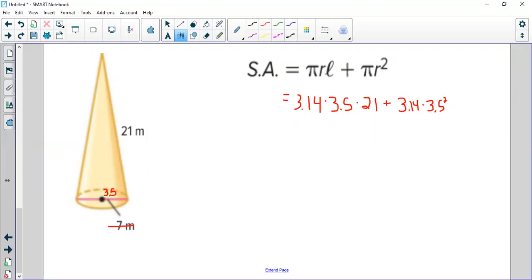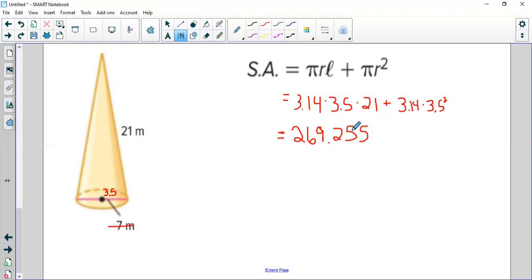All right, give me a second to type some buttons here. 3.14 times 3.5 times 21 plus 3.14 times 3.5 squared equals, I'm going to write this all out first, 269.255.